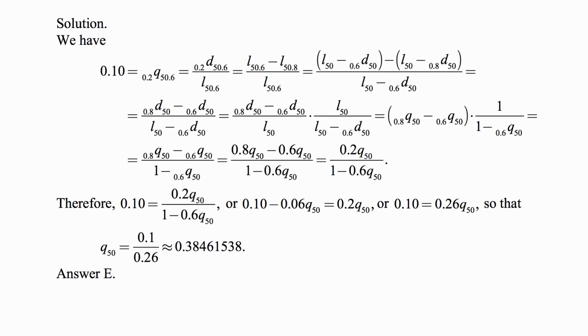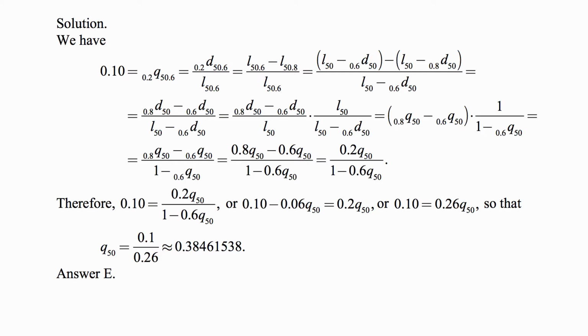And at the bottom we write L50.6 is the number of people alive at age 50 minus the number of people dying within 0.6 years from age 50. So at the top L50 cancels, and what we have is 0.8 D50 minus 0.6 D50 divided by L50 minus 0.6 D50.